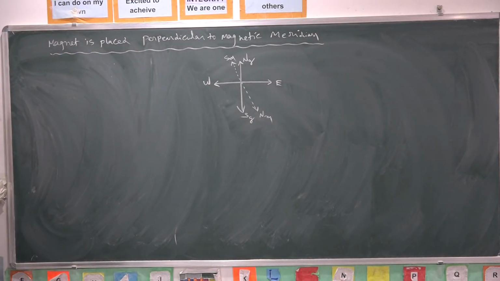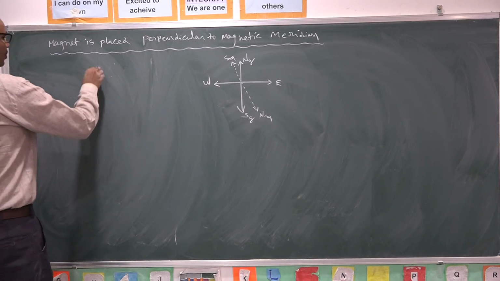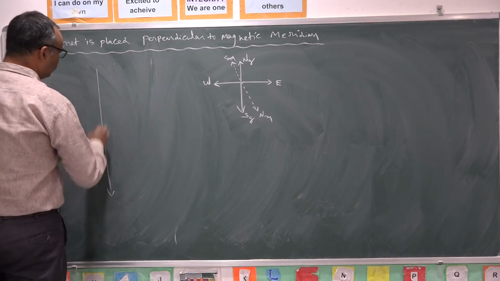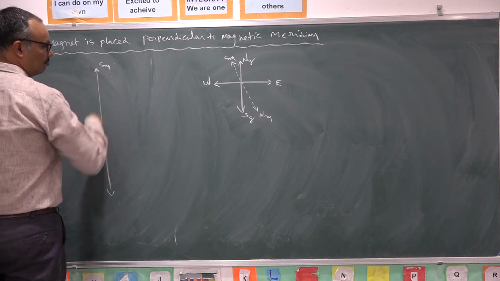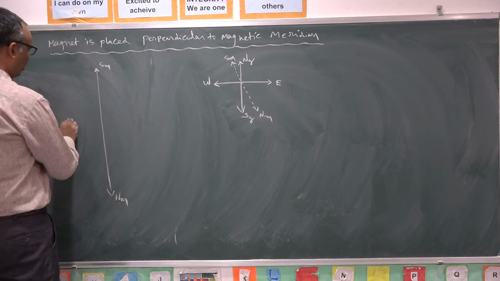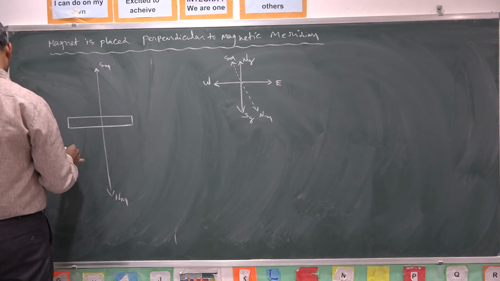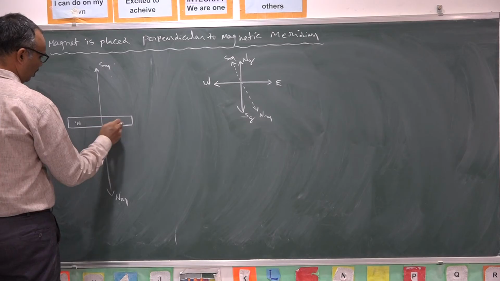Our magnet is kept perpendicular to geomagnetic meridian. Suppose this is geomagnetic meridian, SM, NM. Magnet is placed perpendicular to that, such that here is north pole, here is south pole.